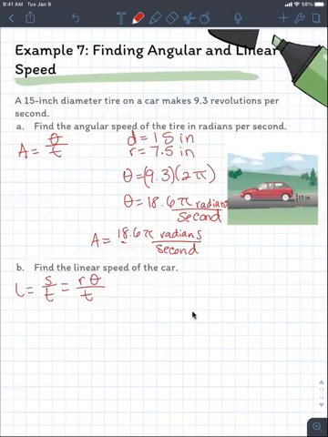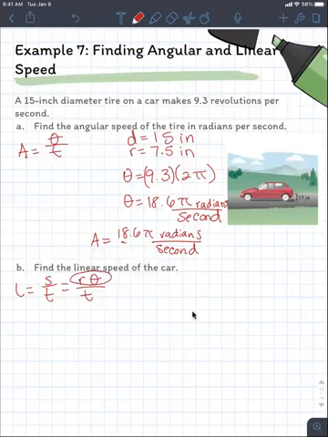And then for our second part, we are finding the linear speed. So we're using that S over T. In this case, we already found what our theta is. So do you remember this part, the second part of the formula?